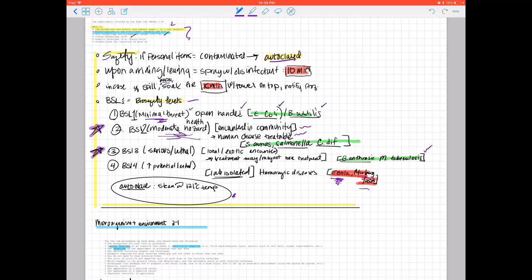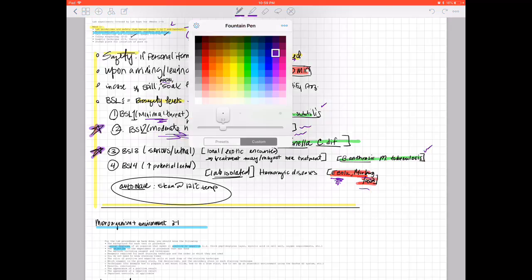Little tiny note. Autoclave. Autoclave occurs with steam at 121 degrees Celsius. I don't think she's going to ask this on here because this is our lab exam. This was already covered.